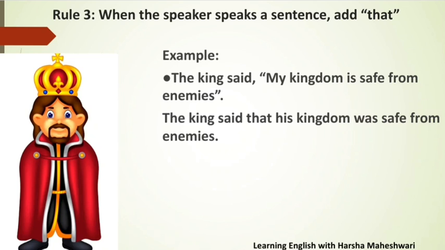So in this case you will add that after said. The reported speech will be, the king said that his kingdom was safe from enemies. We have placed his in place of my and was in place of is, because we use his for third person.